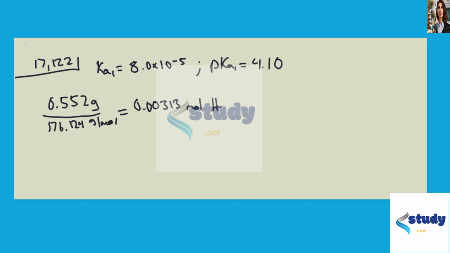We'll draw a generic formula here for ascorbic acid, and then we're told the volume is 20 milliliters. So if we want to get concentration, we go 0.00313 divided by 0.02 liters, and this is equal to 0.16 molarity.